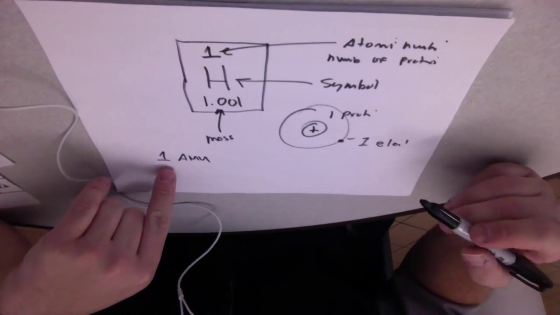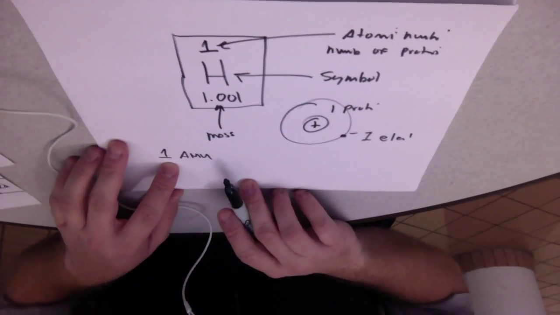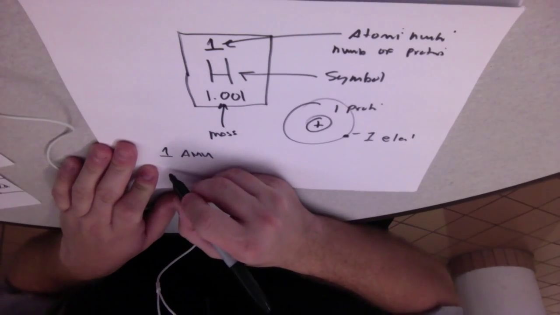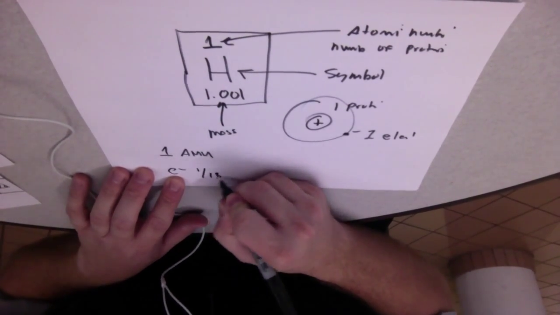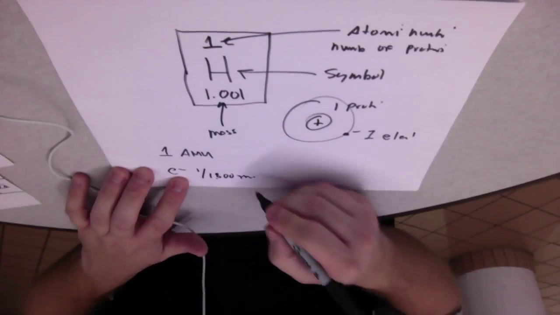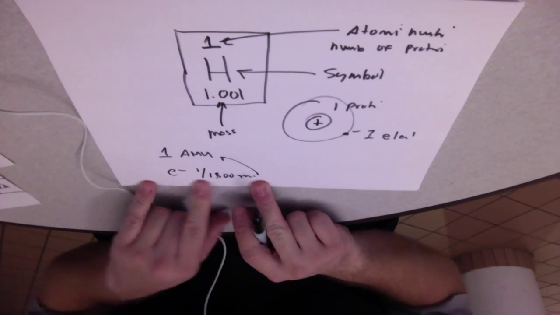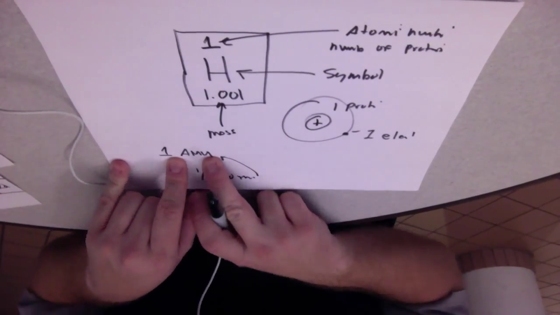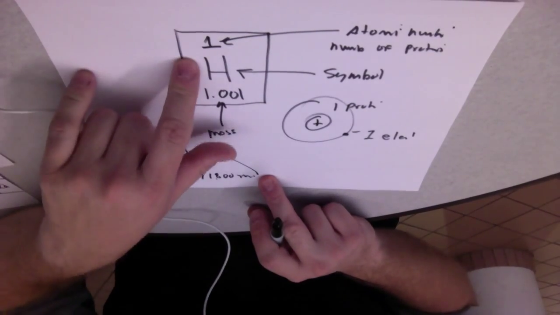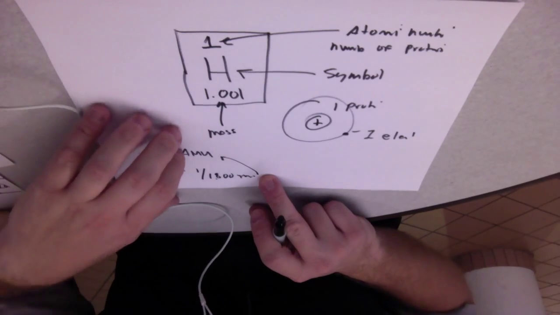Actually, neutrons are a little more massive, but that really won't matter for this particular discussion here. Now, an electron, however, has about 1/1800th the mass of a proton. So really it's negligible. The mass of electrons is negligible, and really the number of protons tells us what the overall mass of that element should be.